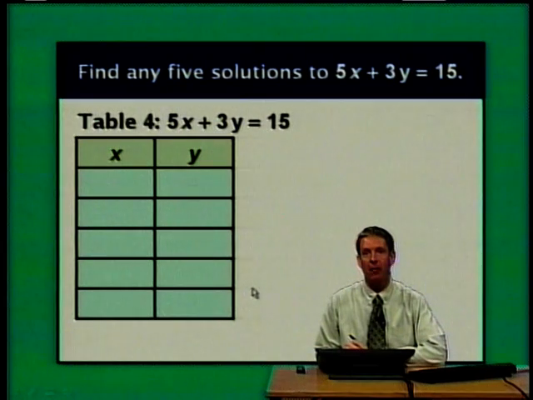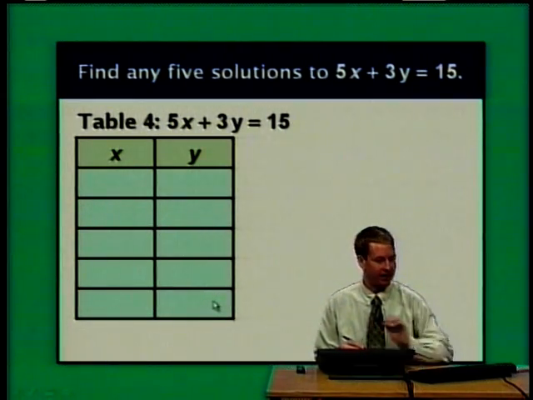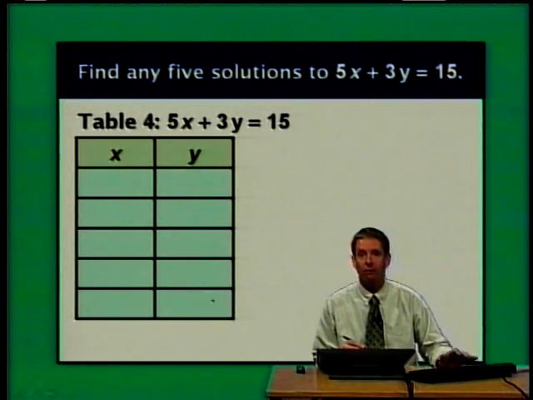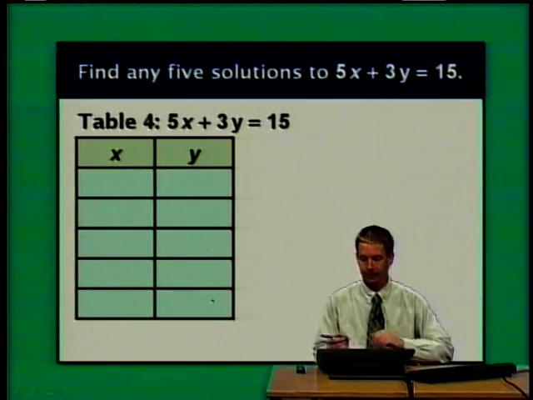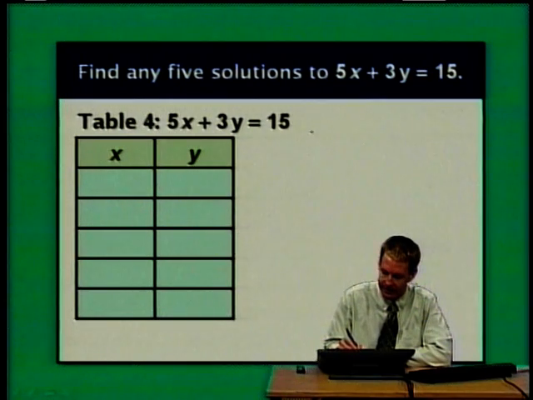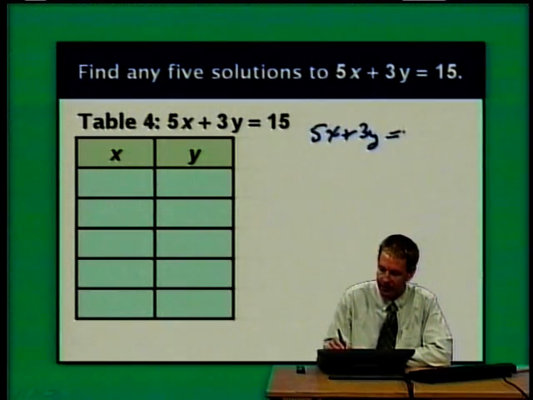So we want to come up with a strategy that allows us to find ordered pairs x and y where both coordinates are integers in our solution. I'm going to begin by solving my equation for y. So I have 5x plus 3y equals 15.